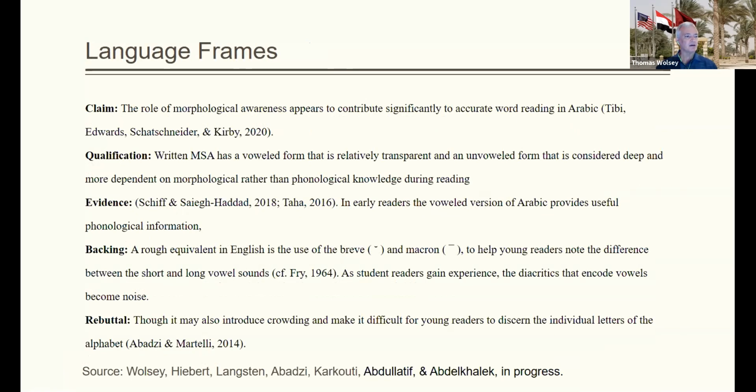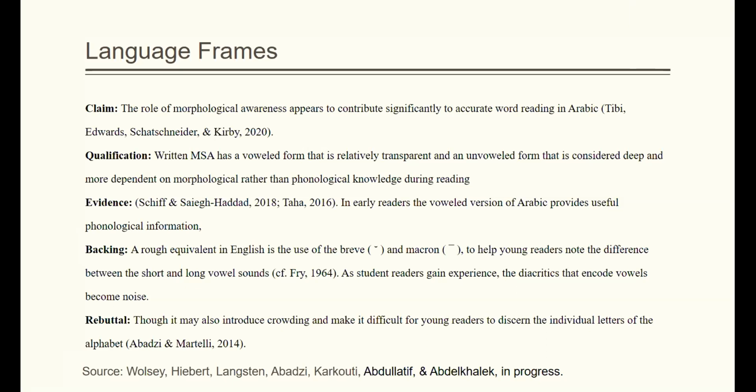We have a claim, and this comes from an article that I'm writing right now. So I thought I would use it to see what you think. Okay, so does somebody want to read the claim? Sure. Alia, please. Okay, so the claim says, the role of morphological awareness appears to contribute significantly to accurate word reading in Arabic.